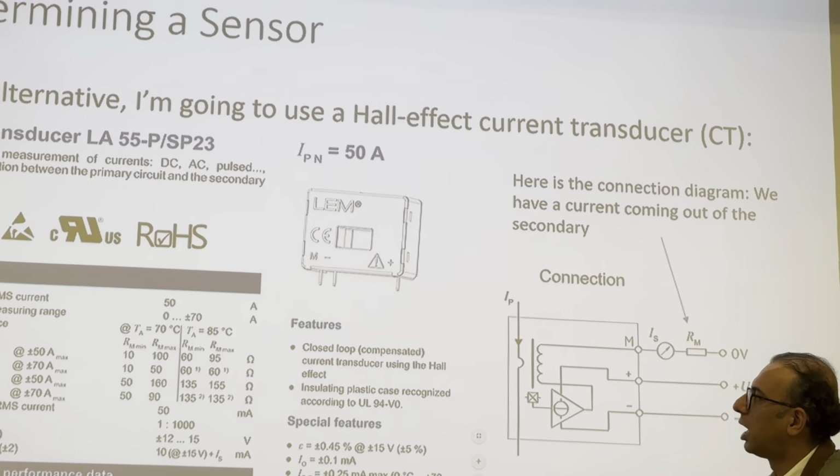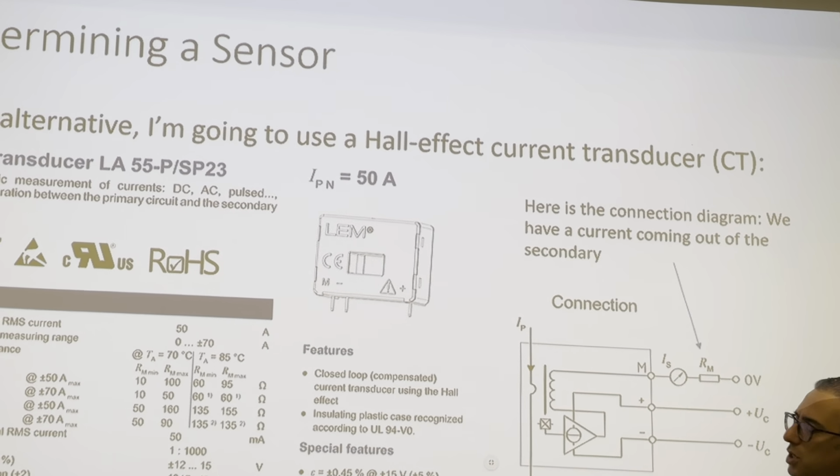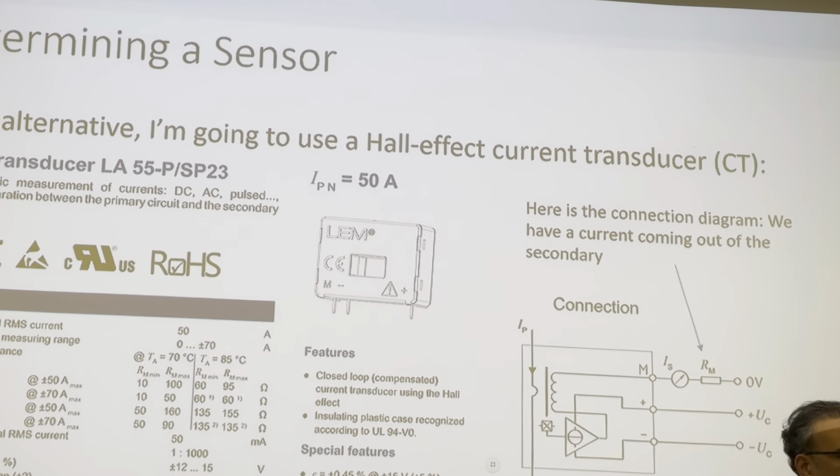So in other words, depending on the technology that you're picking, you have to essentially design this. What we need is to go through: what's the turn ratio? What is my output?